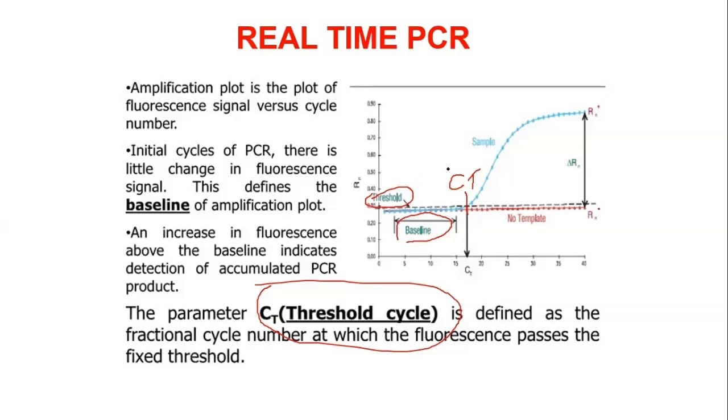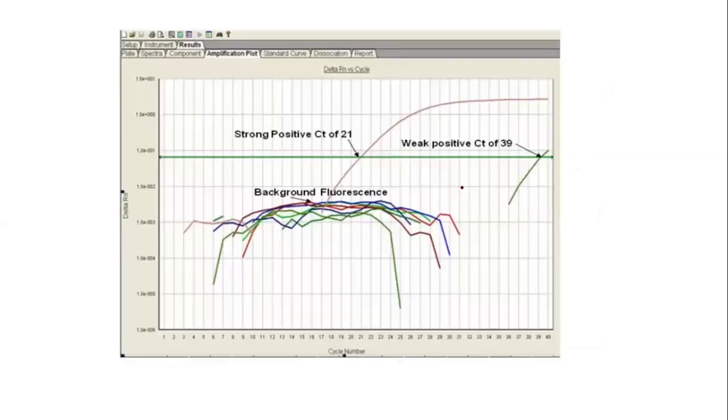For example, in this picture, you see two samples, sample A and sample B, a sample of patient A and a sample of patient B. Since we are in a pandemic, we can take the example of coronavirus. The machine has set a threshold value, and whenever your fluorescence signal crosses this threshold value, you call it the CT.